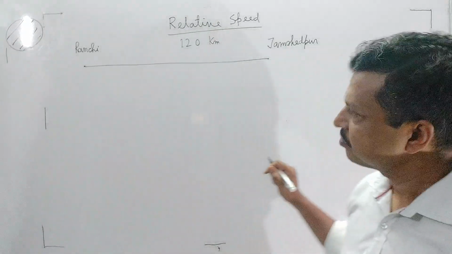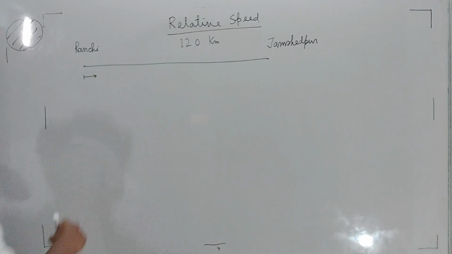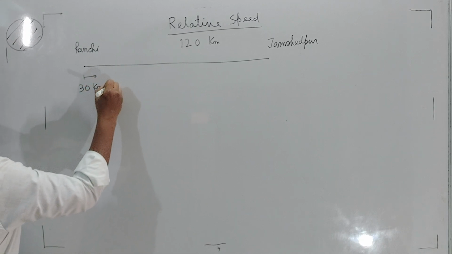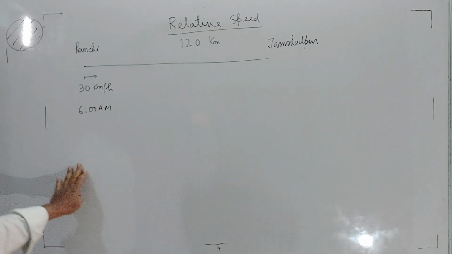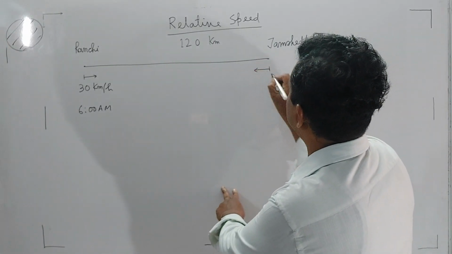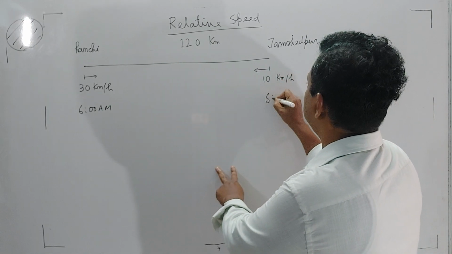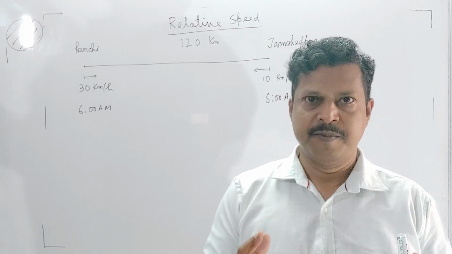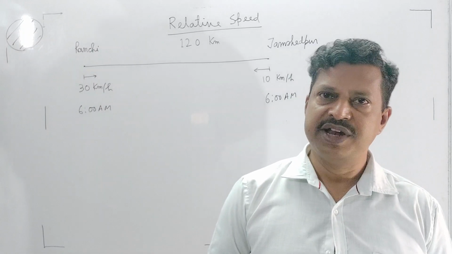Now let us assume that from Ranchi a person starts at the rate of 30 km per hour at 6 am, and from Jamshedpur another person starts at the rate of 10 km per hour at 6 am. So the time is 6 am, and the distance between these two is 120 km.